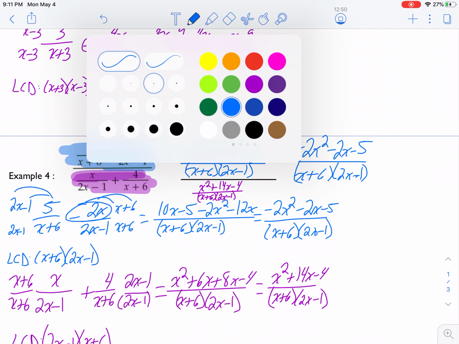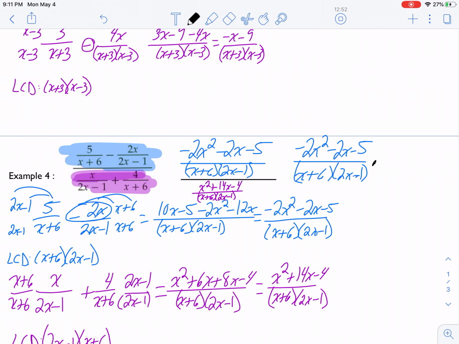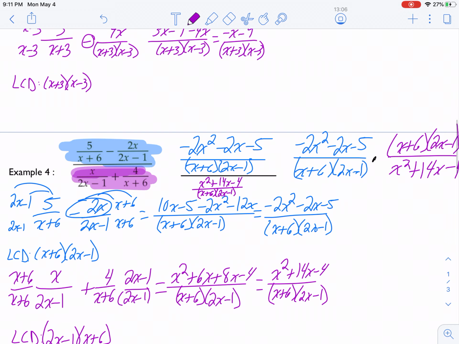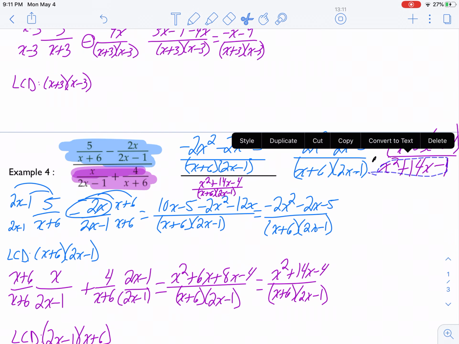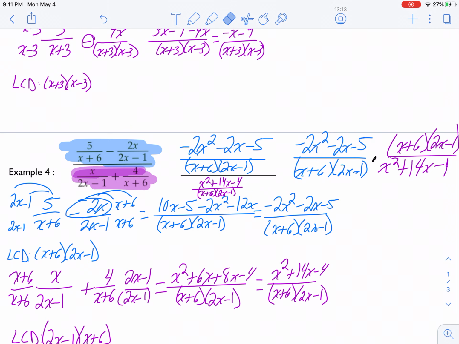I change it to a multiplication sign, and I flip my denominator, which again will always be the case. Sorry, that is a minus 4 there. Let's fix that so it looks a little bit better for you.